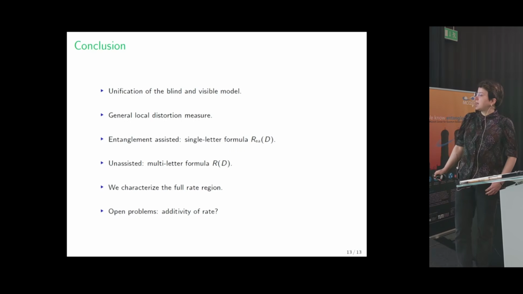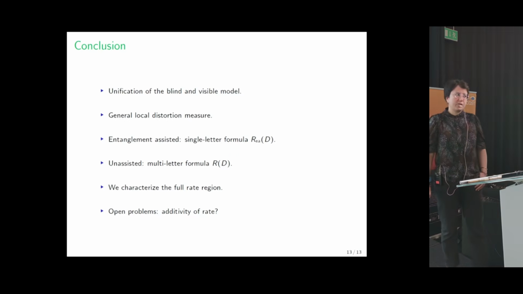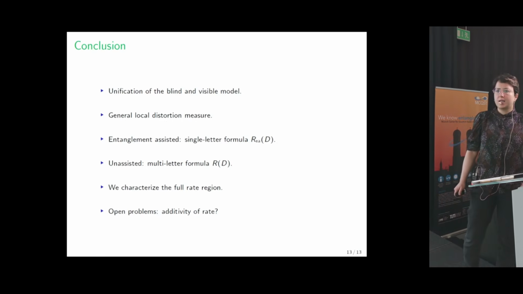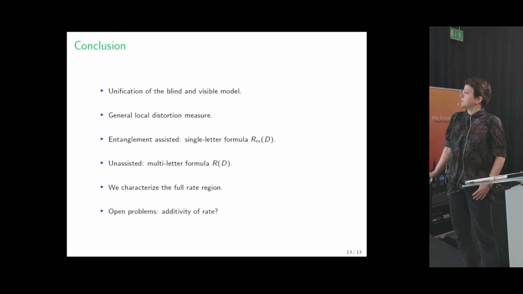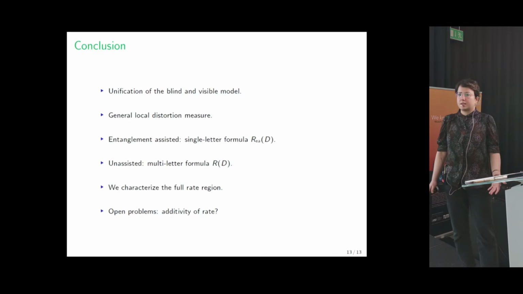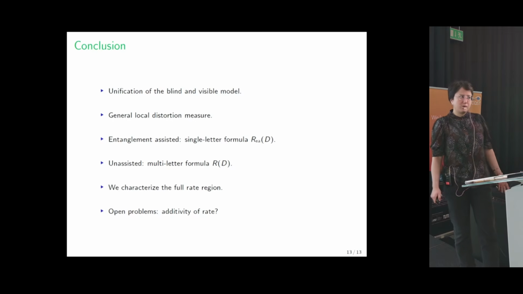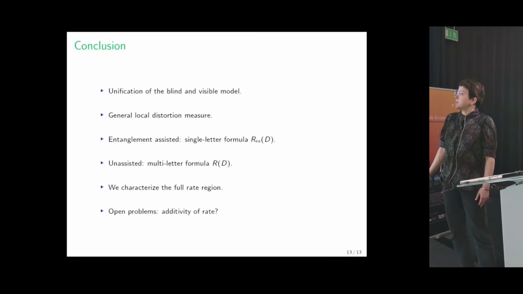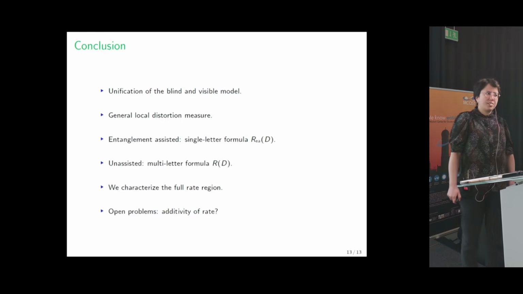I would like to say that one of the main open questions in rate distortion theory and these compression problems is understanding how to single-letterize, for example, finding sub-additivity or super-additivity for entanglement measures, specifically for entanglement of purification.